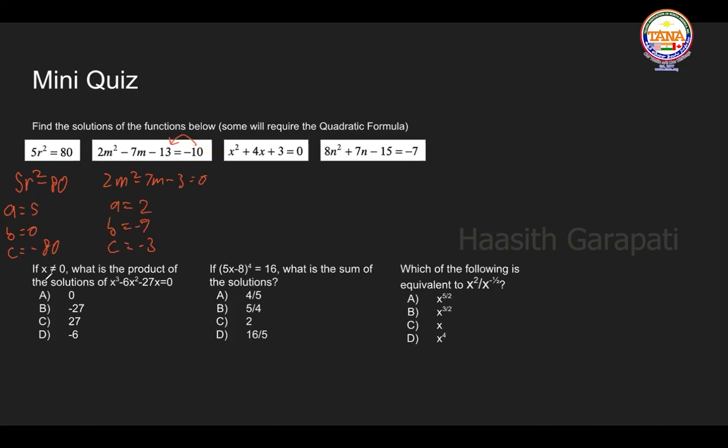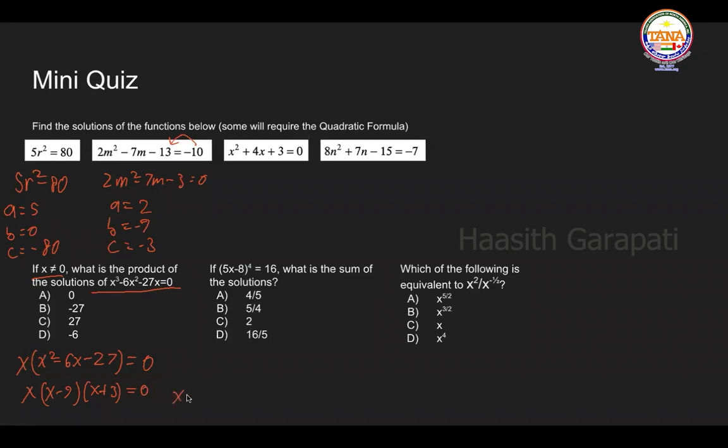If x is not equal to 0, what is the product of the solutions over here? Okay, we're going to do a little bit of factoring. If you notice, there's an x common through every term, so we can factor out an x. And we get x squared minus 6x minus 27, which is equal to 0, and that factors out to x minus 9 times x plus 3, which is 0.